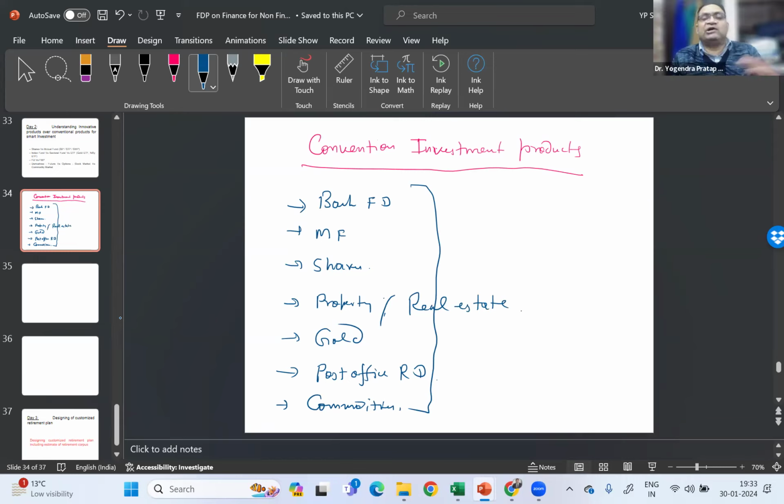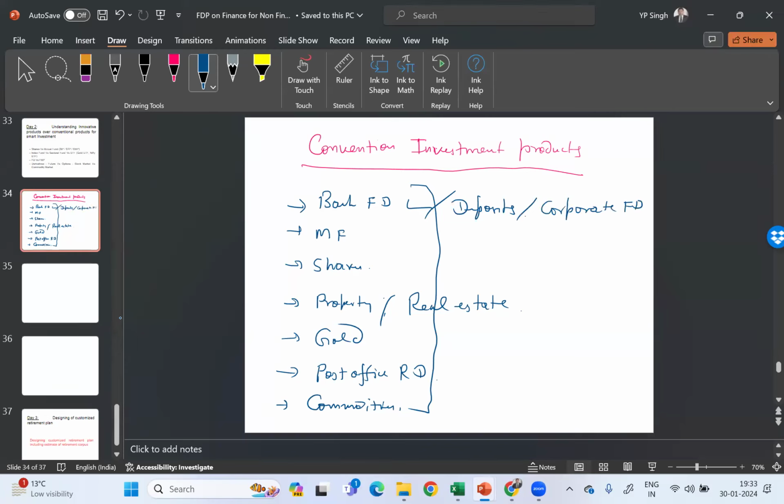Anything left? When we talk about investment products, we normally look at these things. Bank FD, bank deposits. Sir, corporate FDs? Corporate FD is the same class. FD means FD.